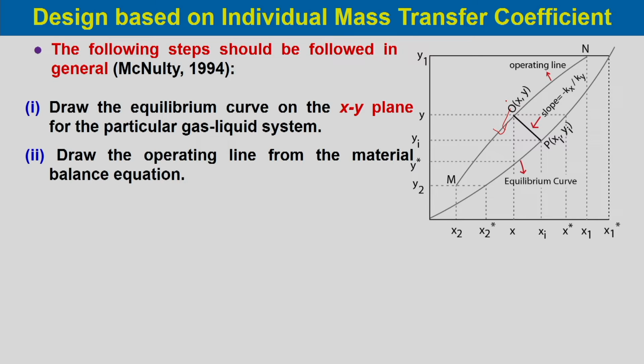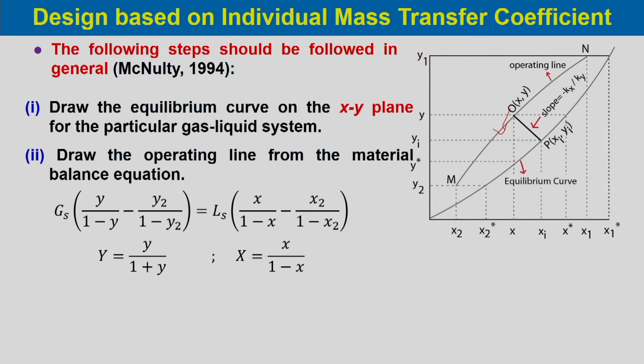Gs into y by 1 minus y minus y2 by 1 minus y2 would be equal to Ls into x by 1 minus x minus x2 by 1 minus x2, and here small y and capital Y are as we have already discussed.